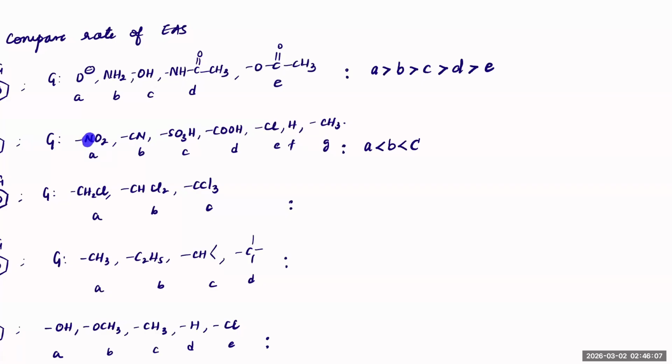That is, nitrogen is most electronegative, then carbon, then sulfur here. Because this carbon is sp hybridized, it will have sufficient electronegativity on it. And thereafter you will have COOH, which is also withdrawing, and chlorine, which is also withdrawing, so therefore D, then E, then F, which is H in this case, and CH3 is actually donating. So CH3 is donating, so that will be better than all of them.